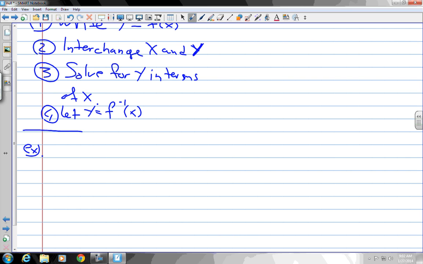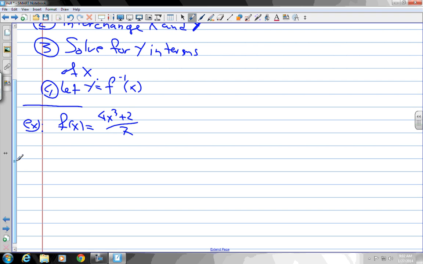So here's an example. Find the inverse of f of x equals 4x cubed plus 2 over 7. So I want to find the inverse.